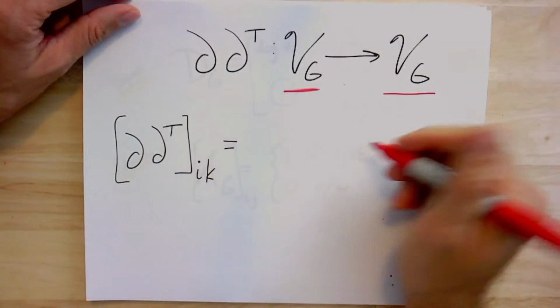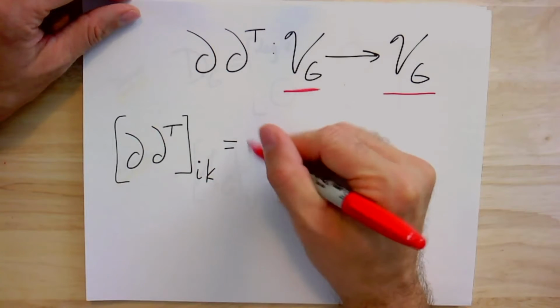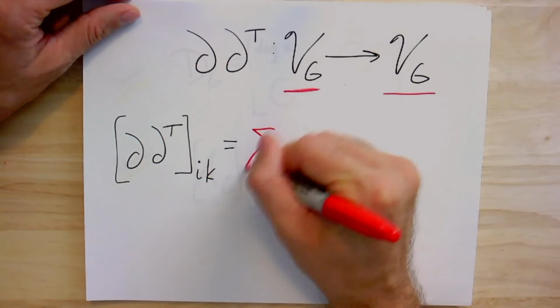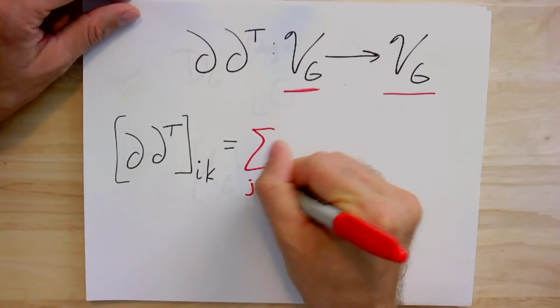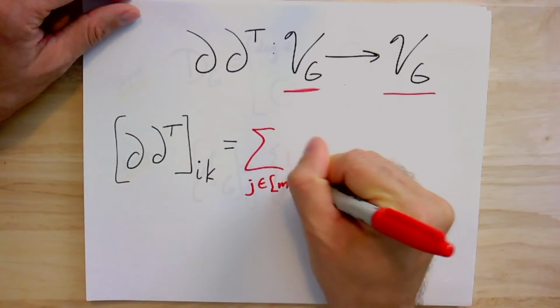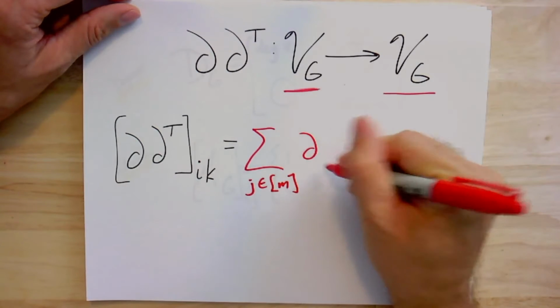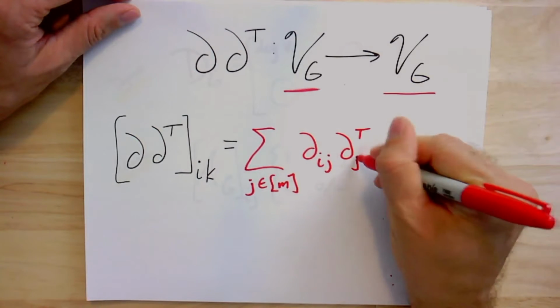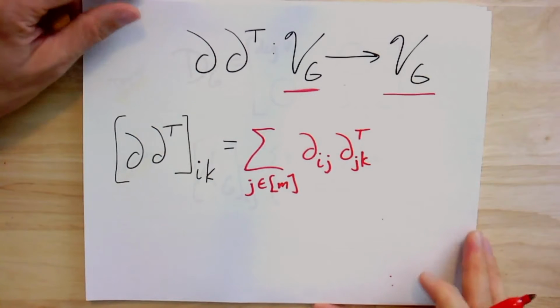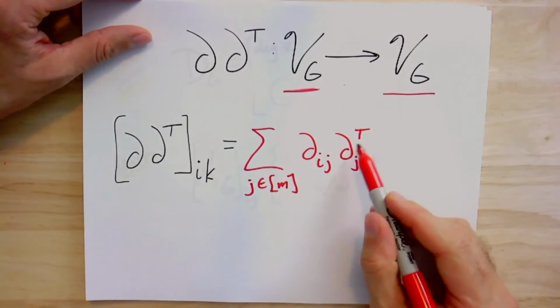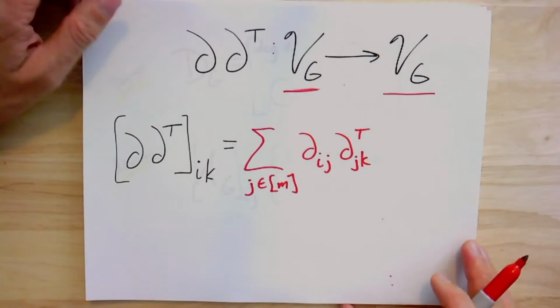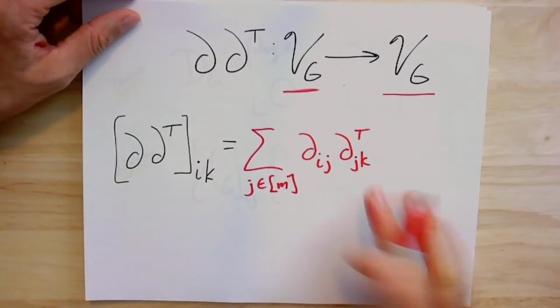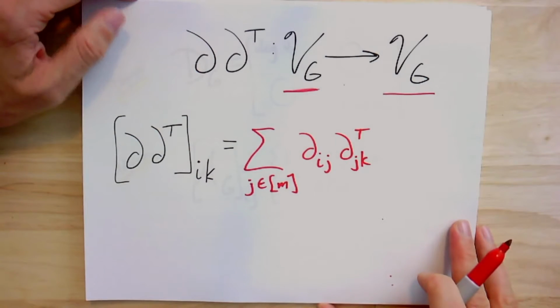So the ik entry in this matrix is going to be the sum over all j in M of boundary ij, boundary transpose jk. And of course, this is just boundary kj, if you like. If you want to get rid of the transpose, you just swap the two indices.